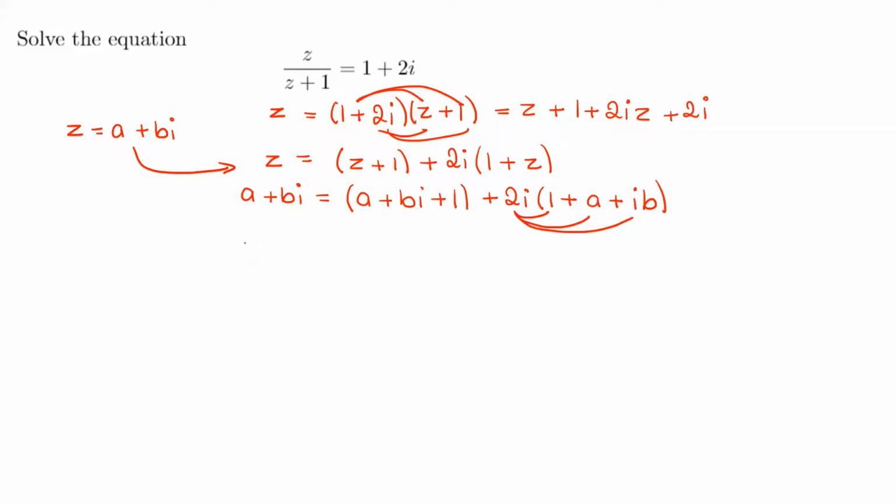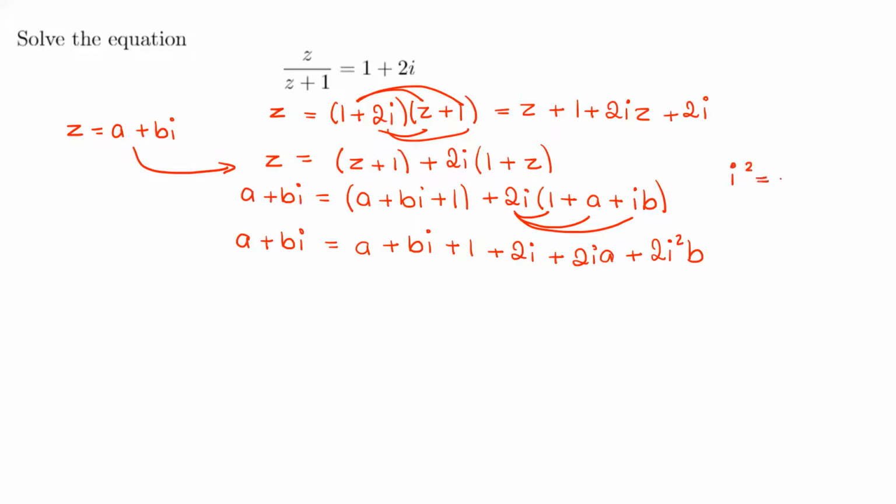Okay, so now how about if we multiply this out? On the left-hand side, we're still going to have a plus bi. And on the right-hand side, I'm going to have a plus bi plus 1. So then we'll have plus 2i plus 2ia plus, and we have to be careful here, 2i squared b. But guys, if you remember back to the very start of complex numbers, we know what i squared is equal to, don't we?